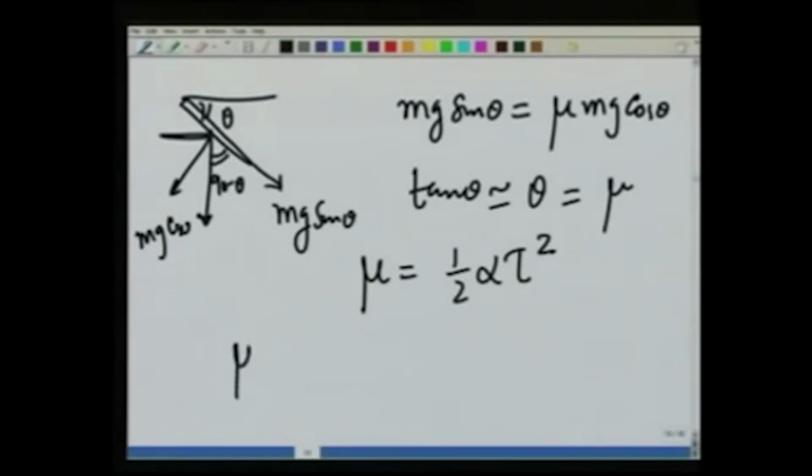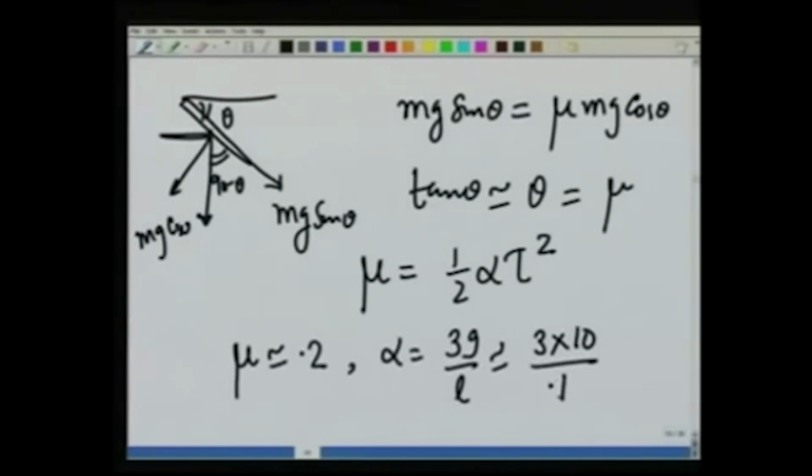Let us take a typical value, mu equals roughly 0.2, alpha is given to be 3g over L, which I will take to be roughly equal to 3 times 10 over 0.1 meters.